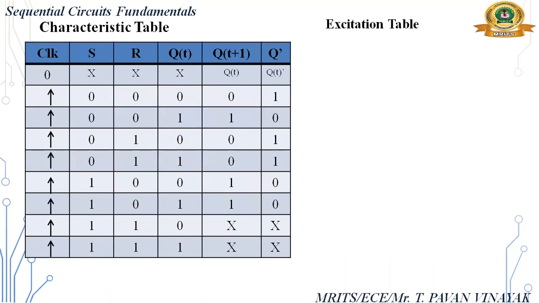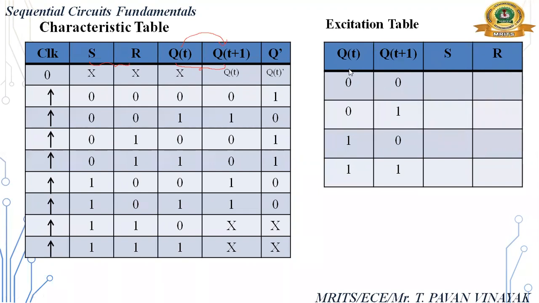So what is the excitation table? Excitation table is the relationship between Q of t and Q of t plus 1 and S and R. So now what are the inputs in excitation table? Inputs are Q of t and Q of t plus 1.